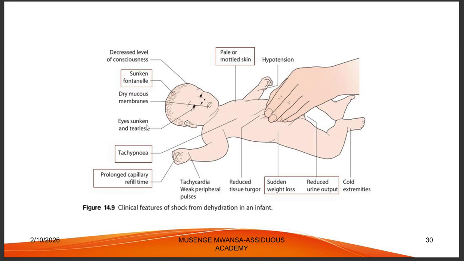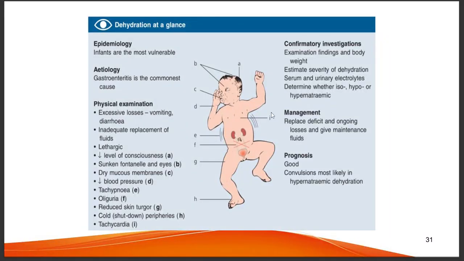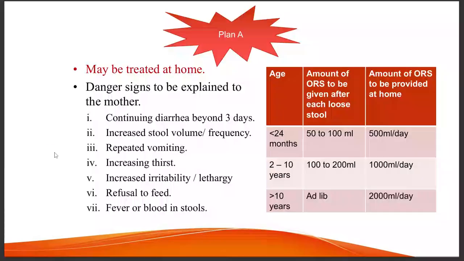So someone has tachycardia, the heart is beating fast, but there is also hypotension, you have little fluid in the vessels. You also have weak peripheral pulses, so if you feel the radial pulse, it is going to be weak. Reduced skin turgor when you pull the skin, sudden weight loss, reduced urine output, even cold extremities. These are the other signs, which you can see in this table.